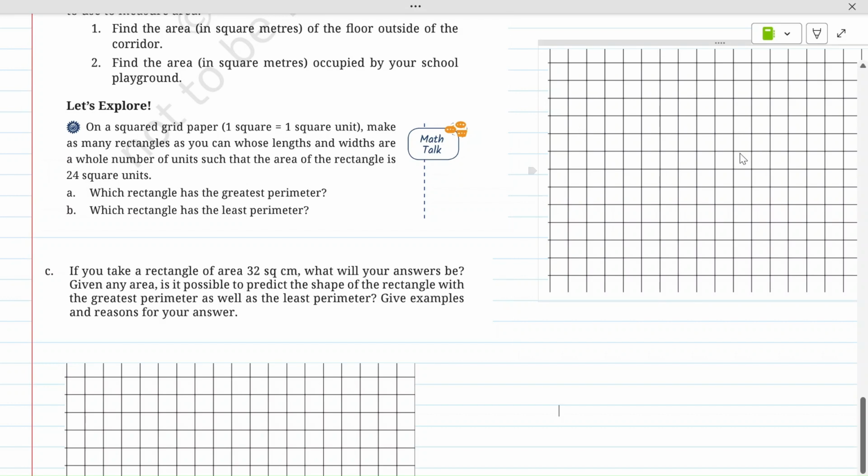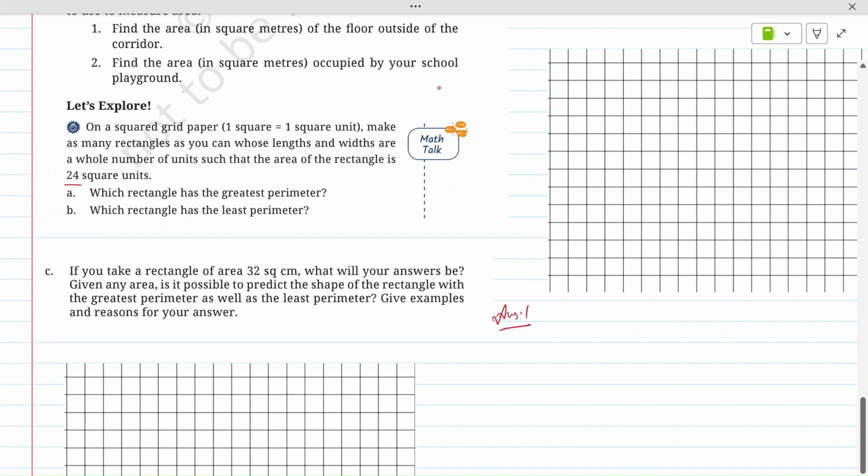So we have to draw different rectangles here with different length and breadth measurements, but their area should be the same. And the area should be 24 square units.